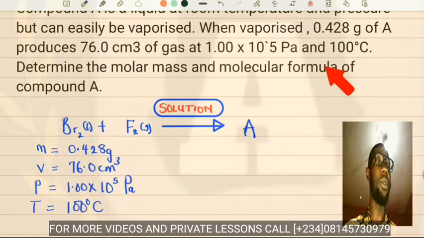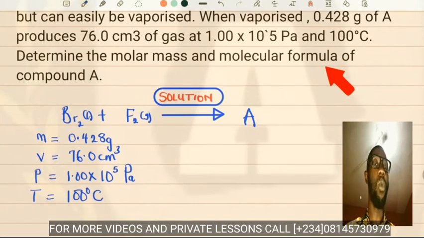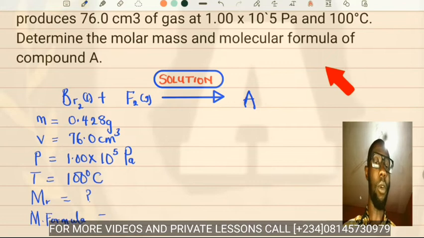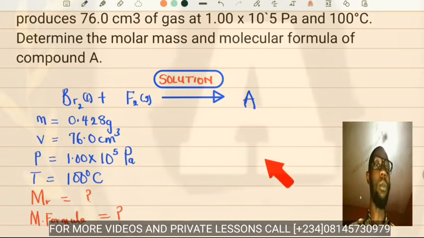We are asked to determine the molar mass, Mr, and also the molecular formula of compound A. So in this question, we are asked to determine two things: the molar mass Mr of compound A, and at the same time the molecular formula of compound A.